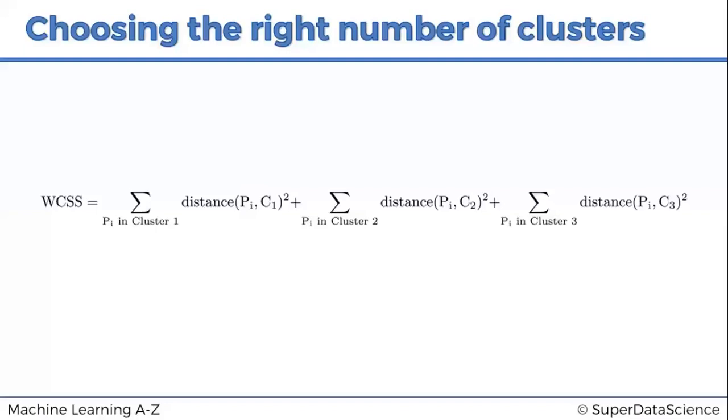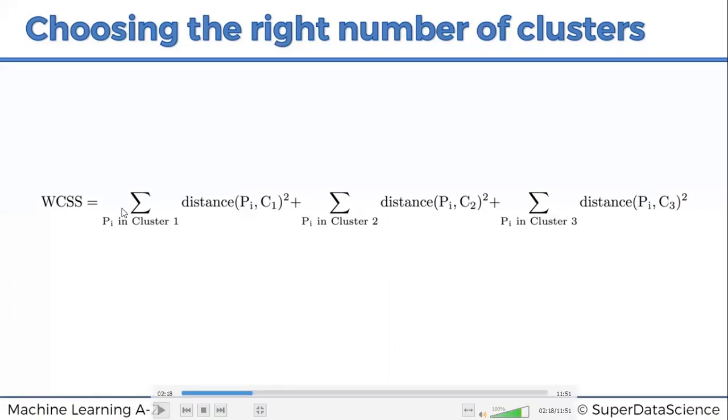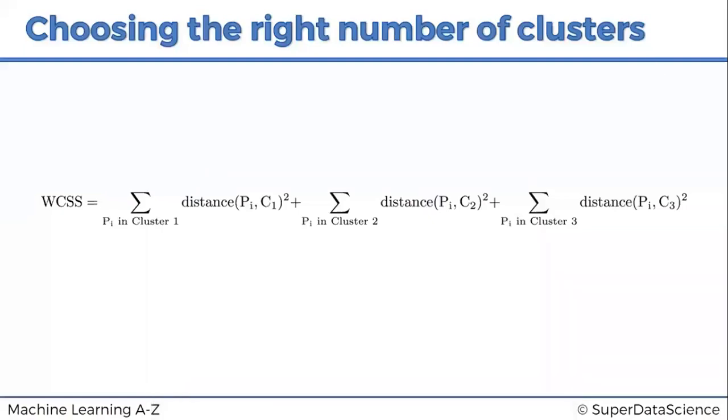This is an example for 3 clusters. Now, at first glance, this formula might look a bit overwhelming or complex, but in reality, it's super simple.